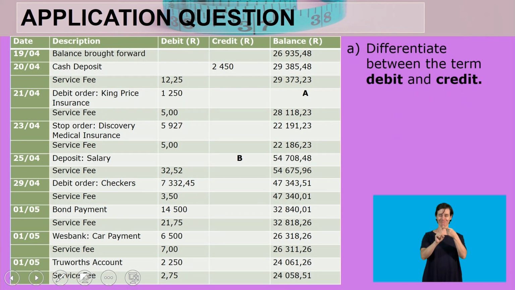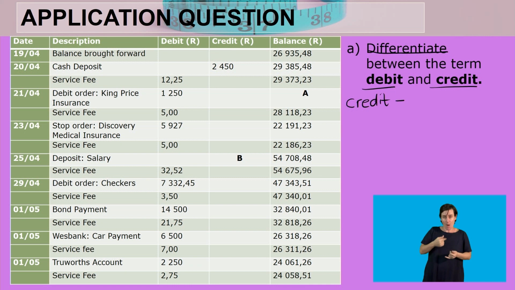So number 1, which is our number A, says: differentiate between the terms debit and credit. Firstly, you need to indicate what you are defining. If you are defining a credit, you must indicate that you are talking about a credit.